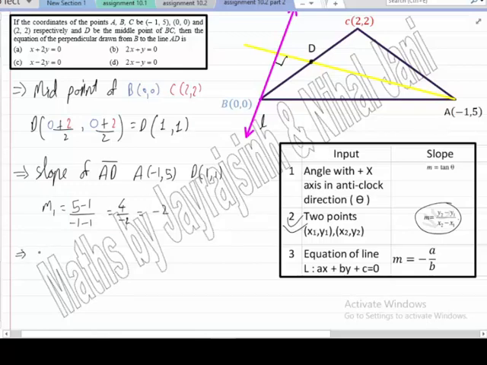Now the slope of AD will be helpful to find the slope of our required line L. Let's call it M2. Now we know that AD is perpendicular to L. That's why we can say the product of the slopes must be minus 1. So M2 must be minus 1 upon M1, or we can say 1 by 2, right? Okay.